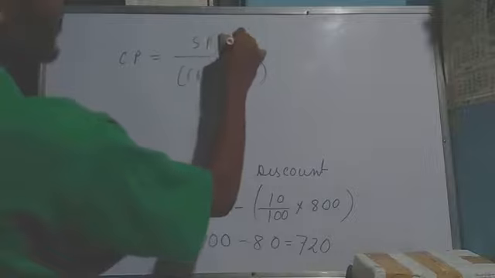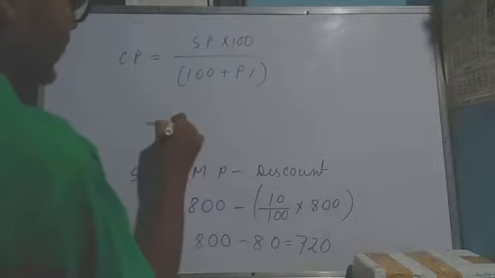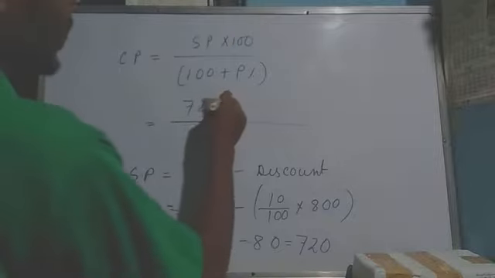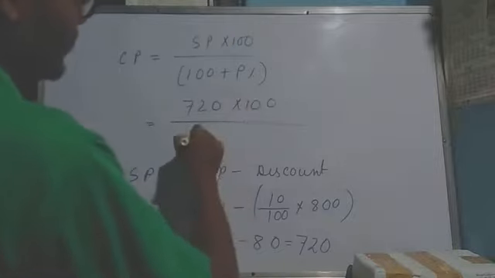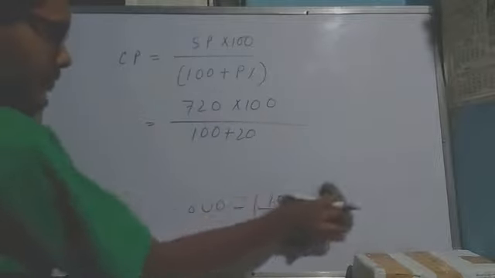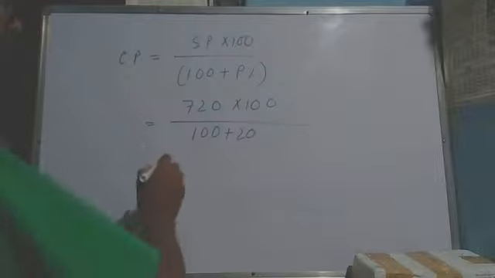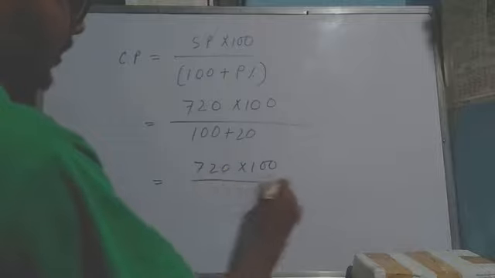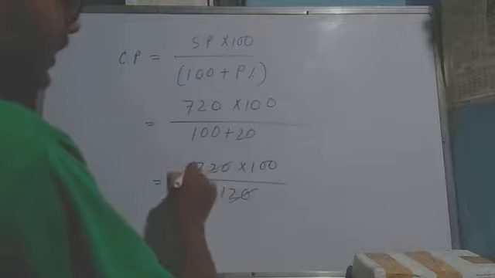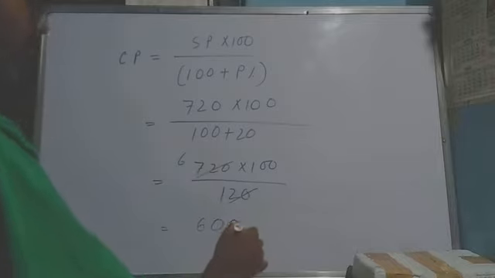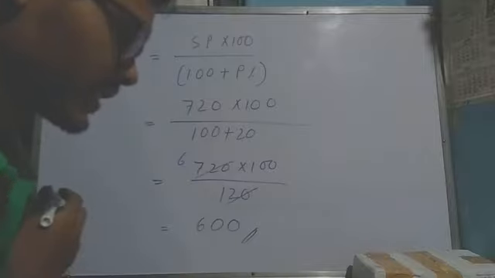Substitute the values here: SP is 720, multiplied by 100, and profit is 20, so 720 multiplied by 100 divided by 120. Six twenties are 120, 720 divided by 120 is 6, so it will be 600. Cost price will be 600. Next, I will do questions number 4, 6, and 8.